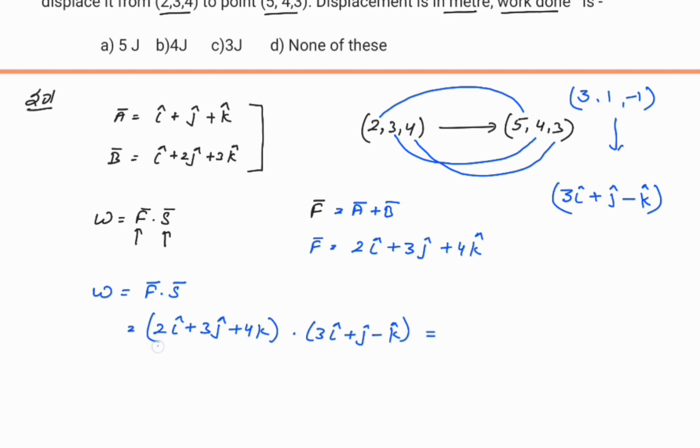How to do a dot product of two vectors? i with i, j with j, k with k. 6 plus 3 minus 4. You will get 5 joule as the answer. Work done is 5 joule. It means option A is the right answer. Is it okay? Okay. Now move to the next question.